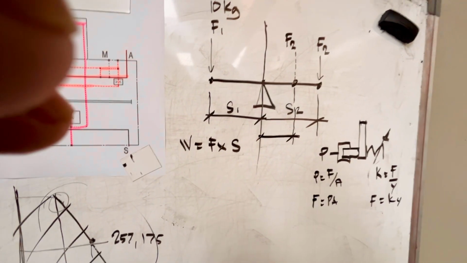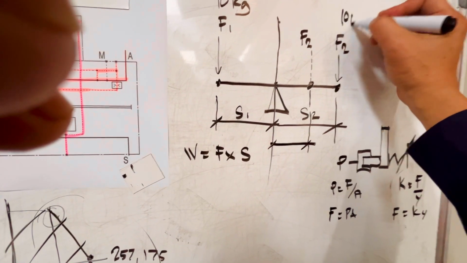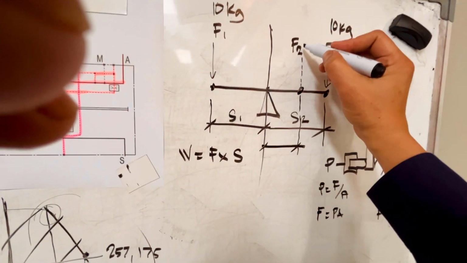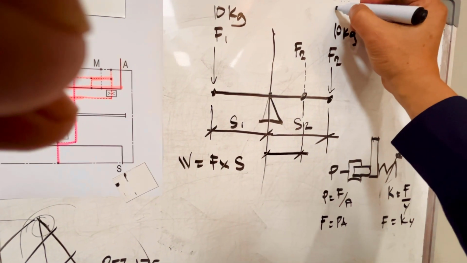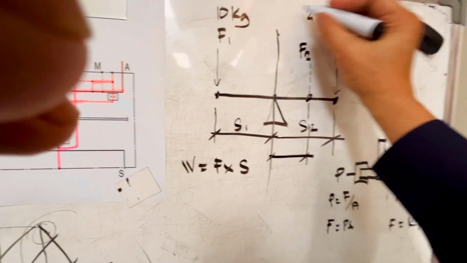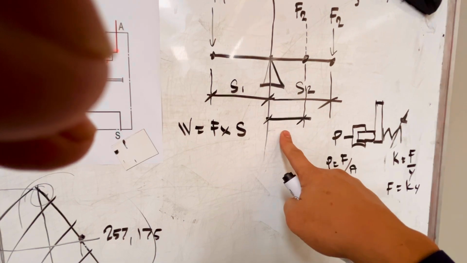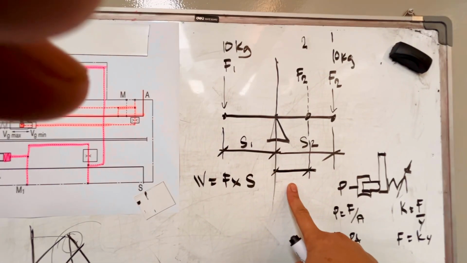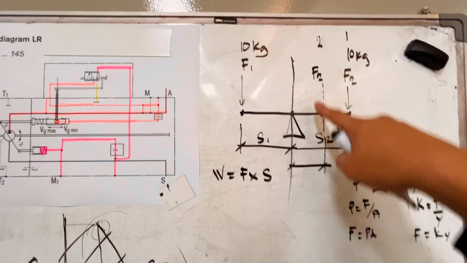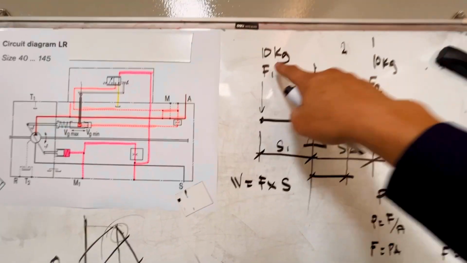10 kilogram. This is 10 kilogram here. That's balance. But this point is 0.1 and 0.2, so 0.2, not 10 kilogram, because you have the distance already here. So remember, you need more force to balance here.